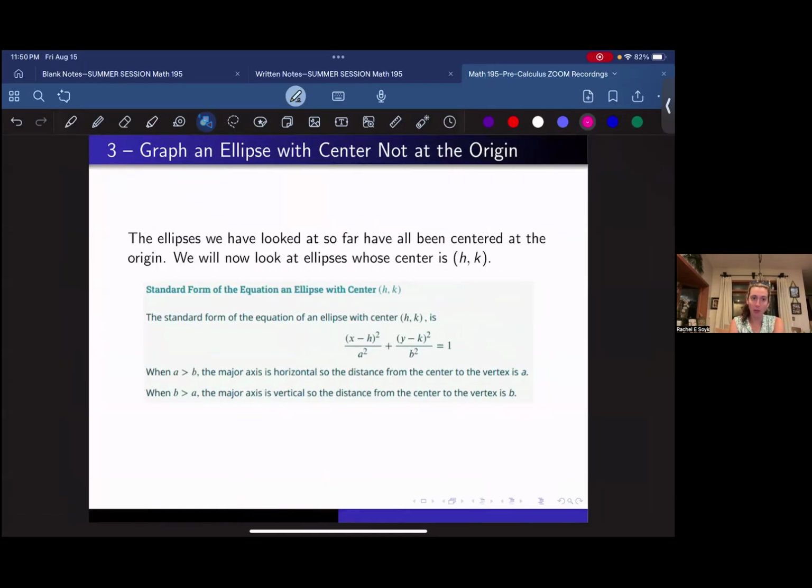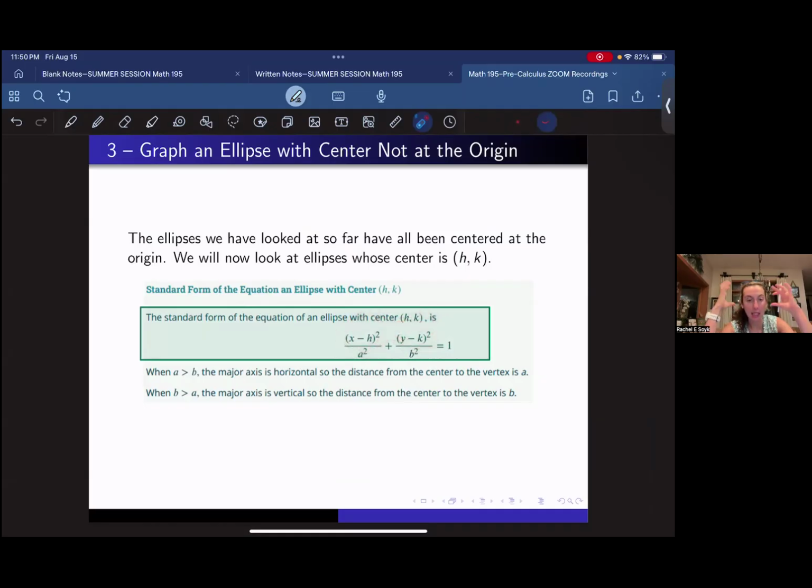We're now on to our third objective, which is being able to graph an ellipse when our center is now not at the origin. And so our standard form for an equation of an ellipse, where this is the case, is now this whole x minus h in parentheses squared and y minus k in parentheses squared in our numerators.